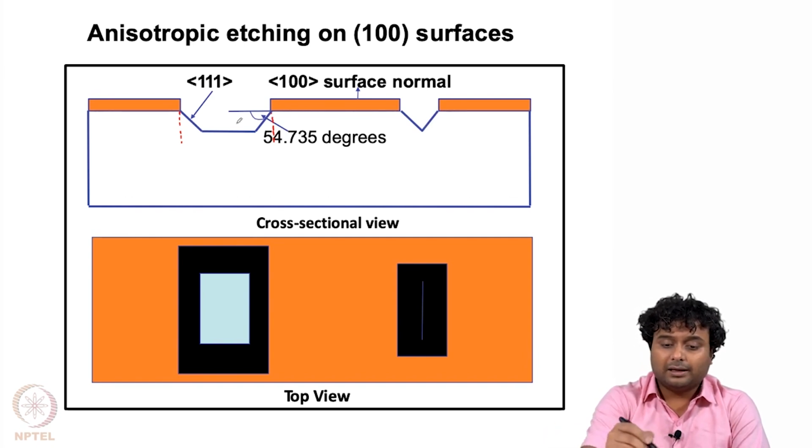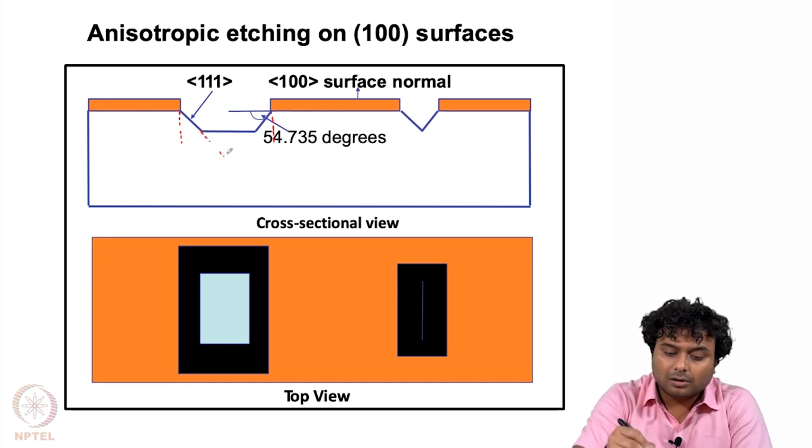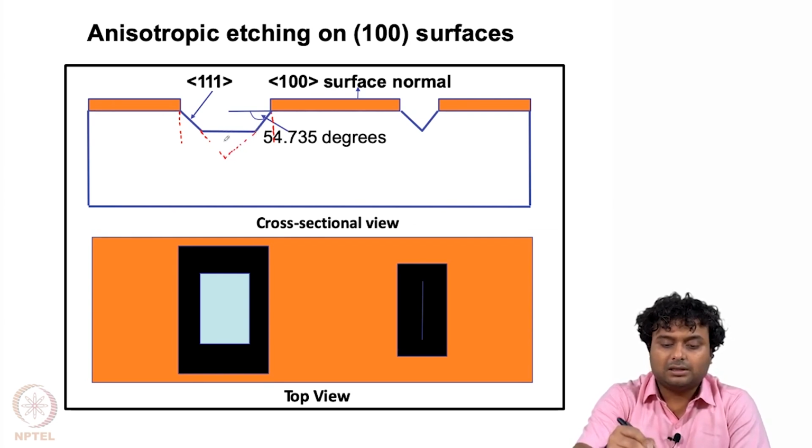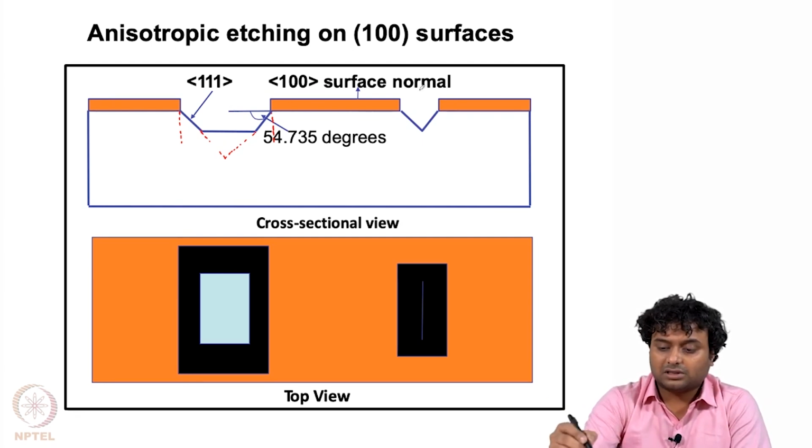Here it will merge at a longer distance. After going even more into the silicon bulk, it will merge both the surfaces, but here it has merged much before that, because the opening is pretty small.